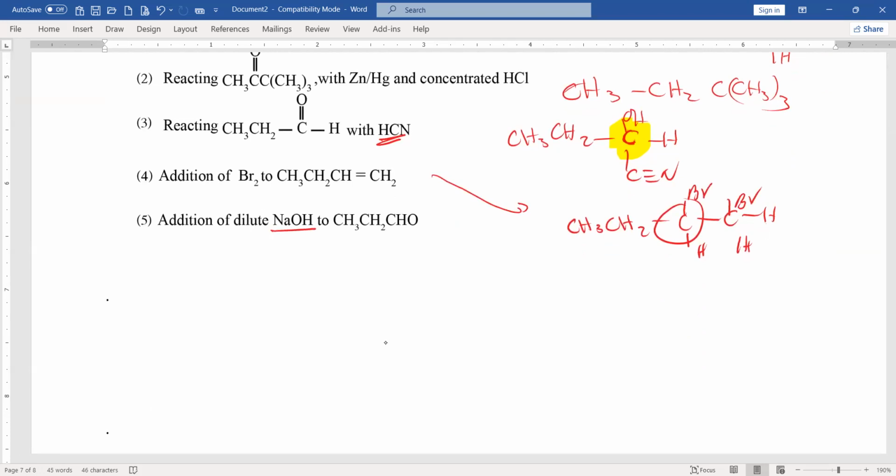Addition of NaOH to this will give us the aldol product. The easiest way of writing that aldol product is like this. Whatever the compound, you convert that into OH. First you turn that into OH, CH3, CH2, C, we have hydrogen here and this turned into OH.